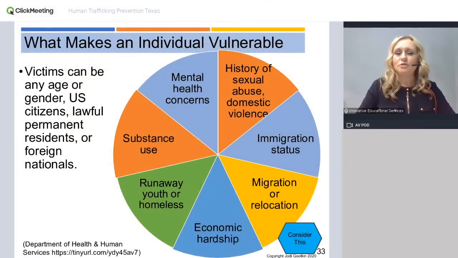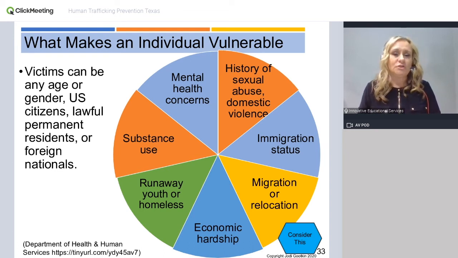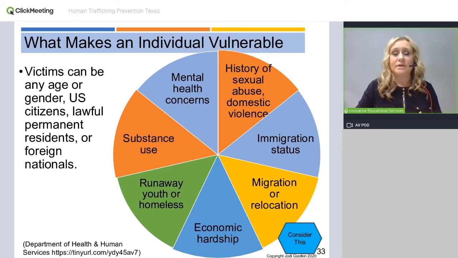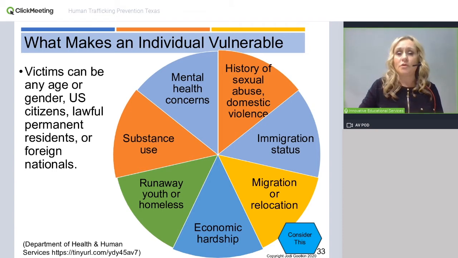The victims of human trafficking can be any age or gender. They may be U.S. citizens or they may be natives of another country. One similar trend that's been found in the research is that there are certain characteristics of the individual or their life experiences that make them more vulnerable to become victims of trafficking.